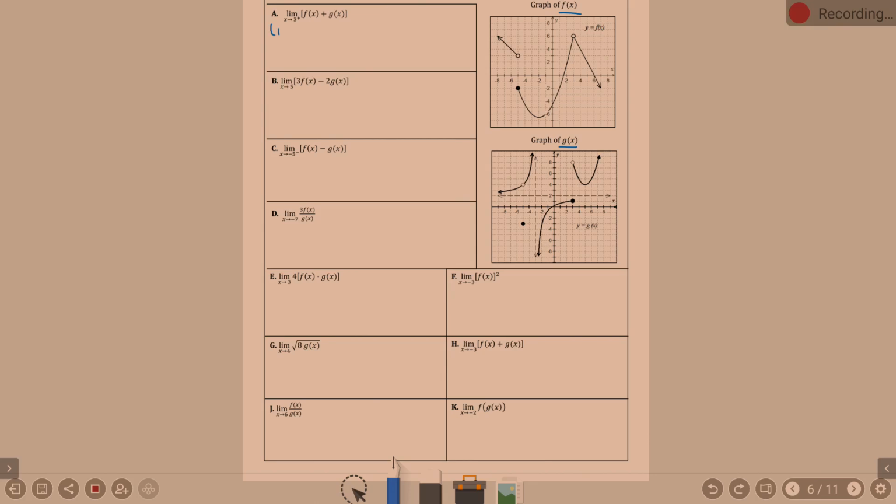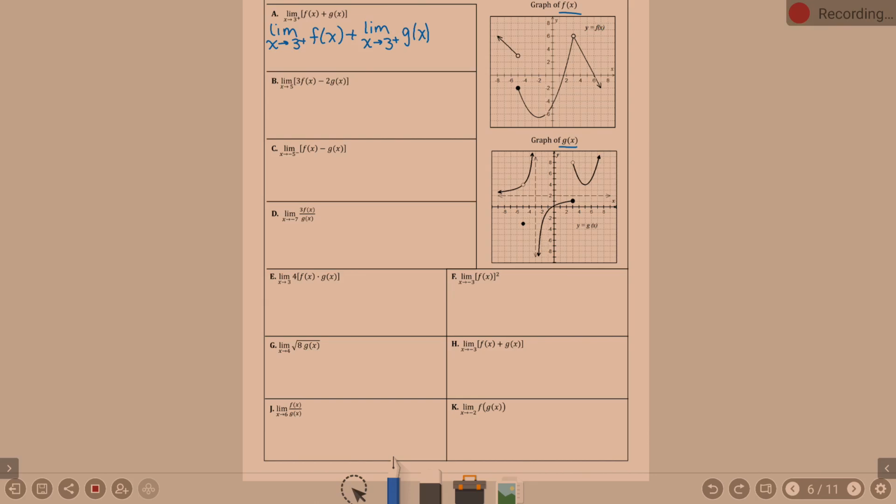We can make this the limit as x approaches 3 from the right of f of x plus the limit as x approaches 3 from the right of g of x. That's how it can be rewritten to make it easier for us. And then you're finding those two limits. So take to the graph and find them.